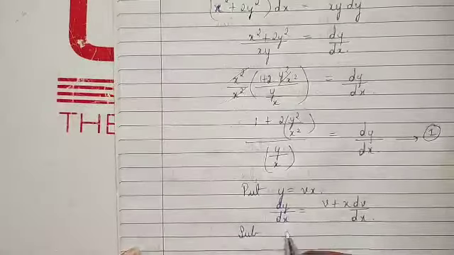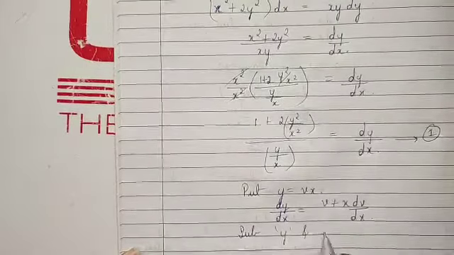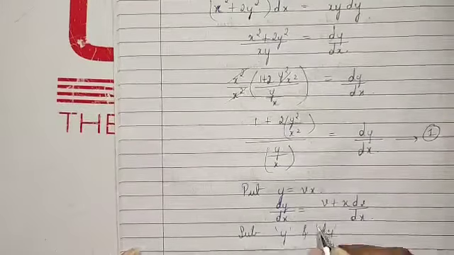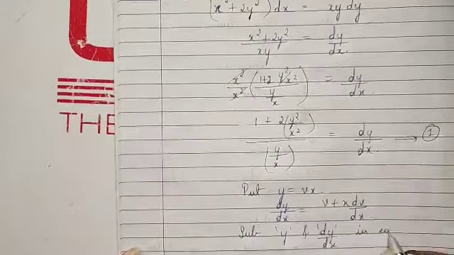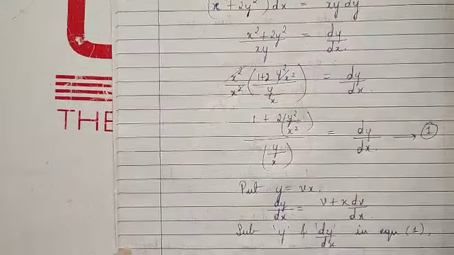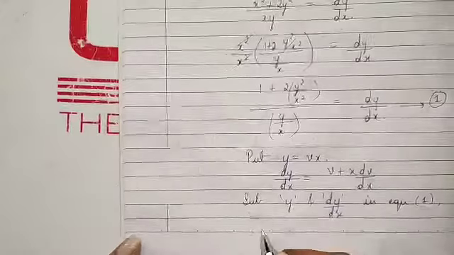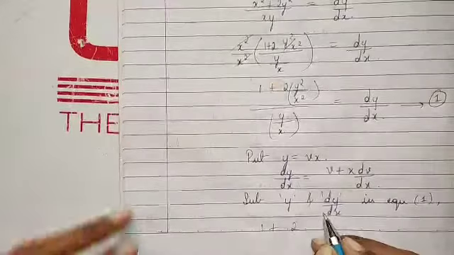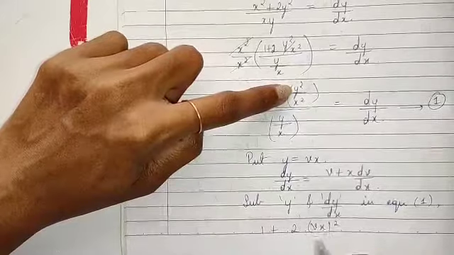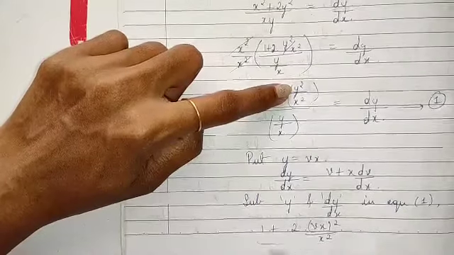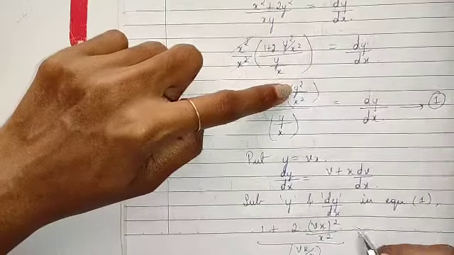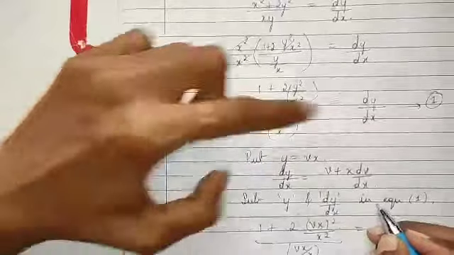Substituting y and dy by dx in equation 1, what will I get? One plus 2 into, in the place of y we are substituting vx, the whole square divided by x square divided by vx divided by x is equal to dy by dx.